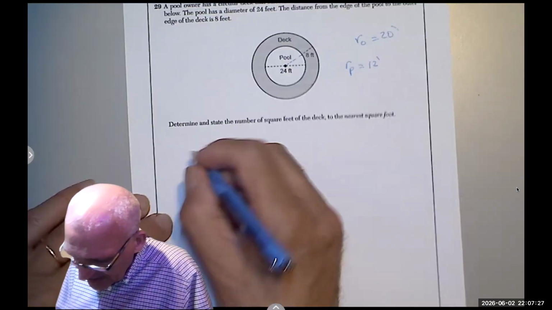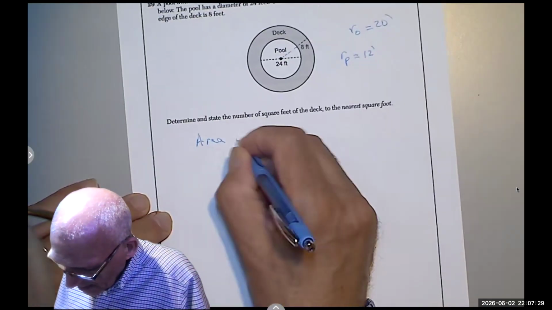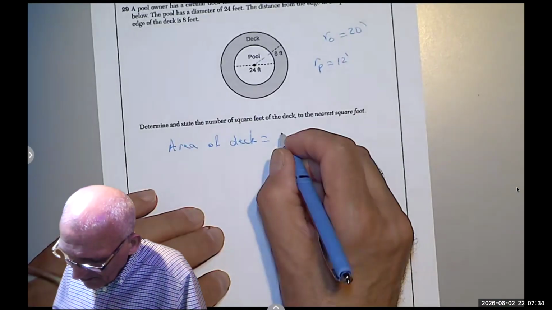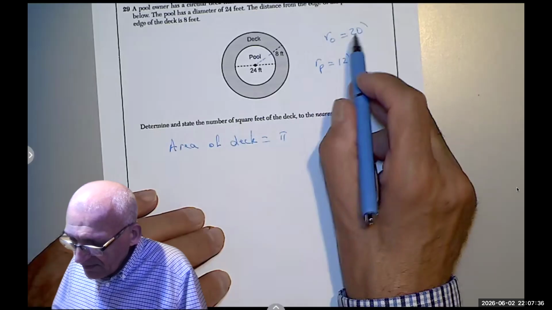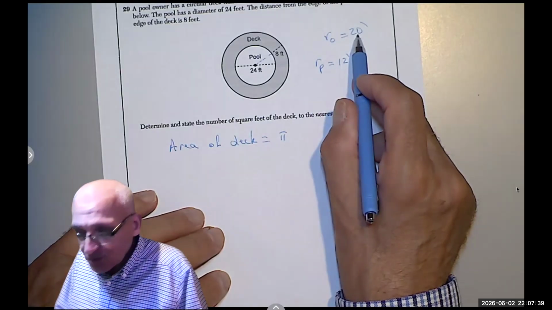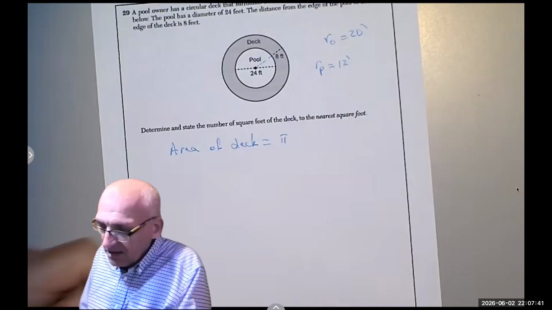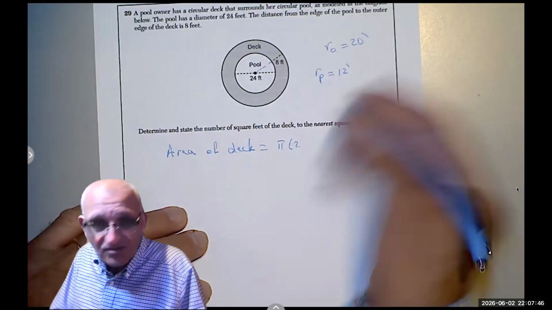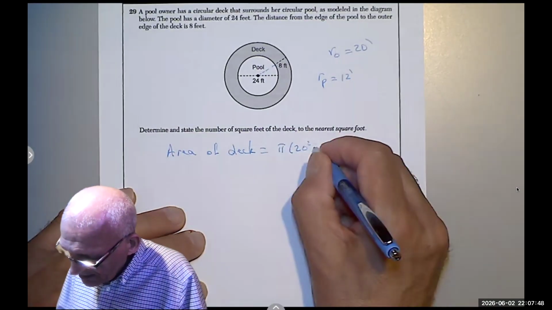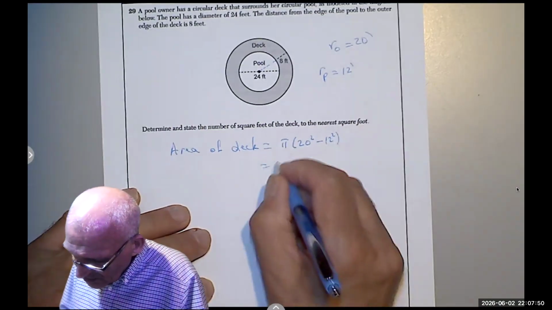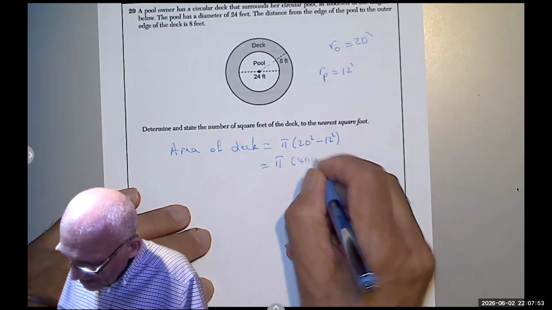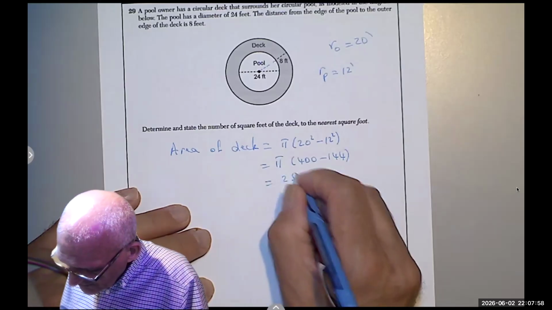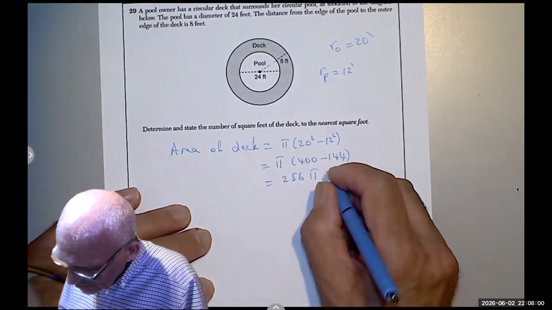So you would say the area of the deck equals pi r squared, which is 20 squared, minus pi r inner squared. So you can factor the pi out and you get pi times 20 squared minus 12 squared, which equals pi times 400 minus 144, which equals 256 pi square feet.